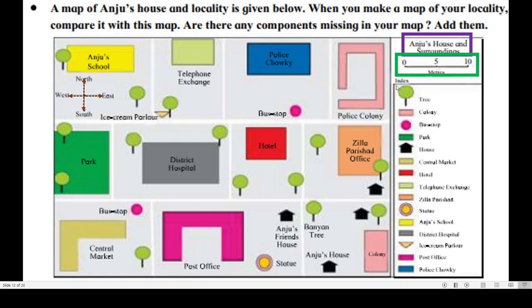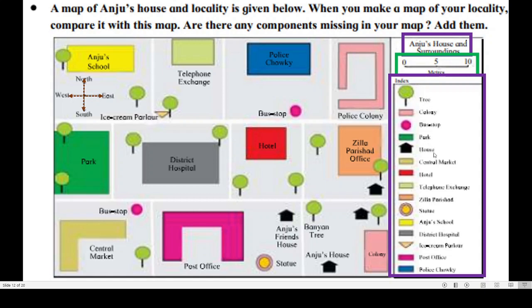Next thing is index. Yes, you can see here this index column. Index column contains different symbols and the words for which the symbols are used. See, this is used to show the trees. Can you see here? This is used to show the colony. A pink color dot is used to show the bus stop. A green color rectangle is used to show the park.